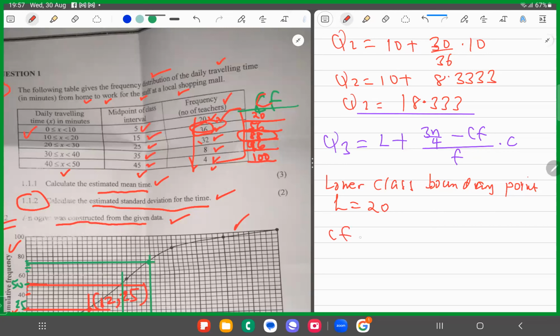And now the preceding class in this is going to be 56 there. And then the lower class boundary point here is 20.